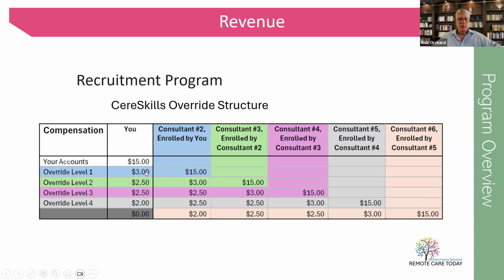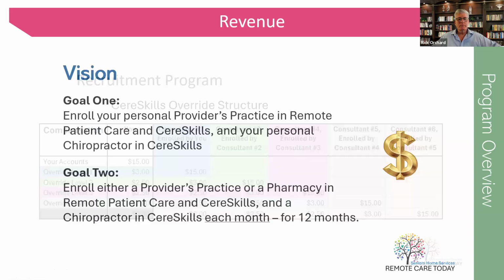You make a 20% override or $3 when one of your consultants on your team enrolls someone. Okay. You don't need to do this. It's available. Some people enroll 1 or 2 or 3 other consultants, some 5, 10, 15. We have a couple that have over 100. So that's completely up to you, but this could really add up to be additional revenue for you also.